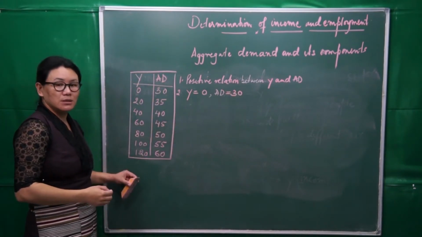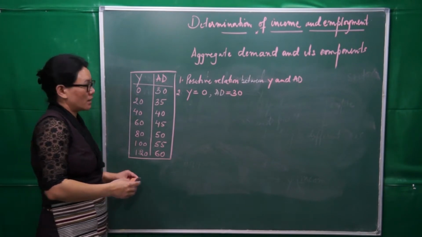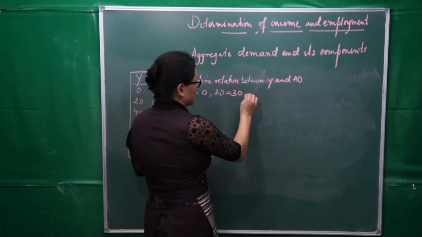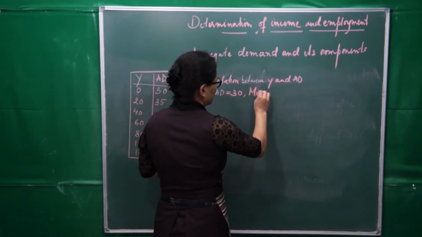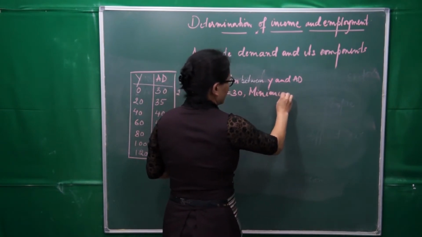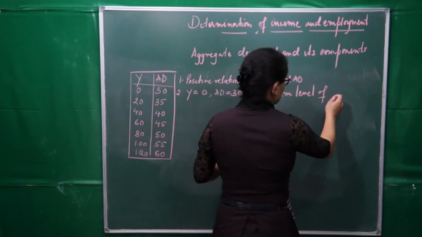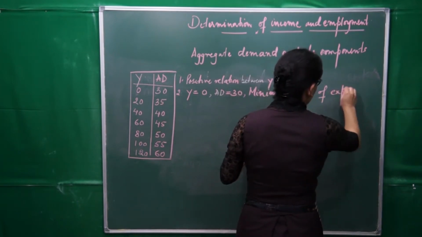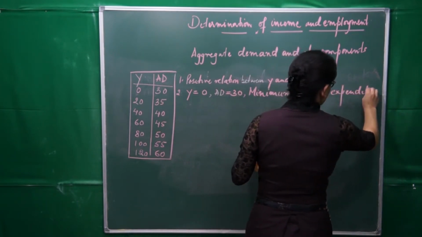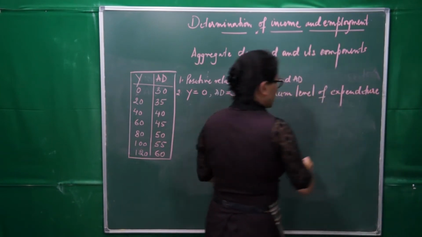Now what is this? We say this is a minimum level of demand, aggregate demand or expenditure. Demand is expenditure here, right?